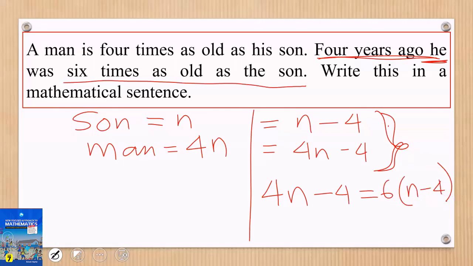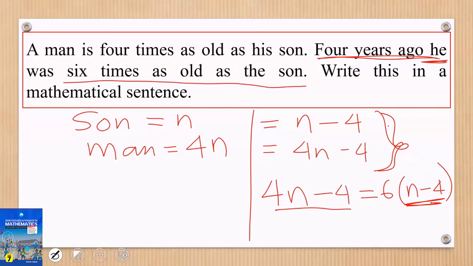You get it? So the man, which is 4n minus 4, is 6 times as old as the son. And that is how we can write this in mathematical form. I hope it makes sense.